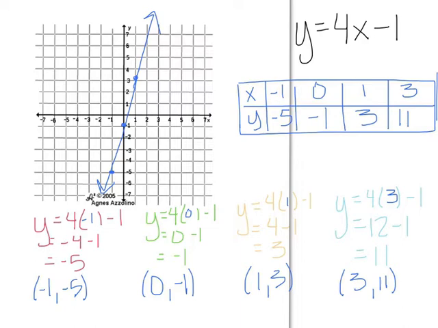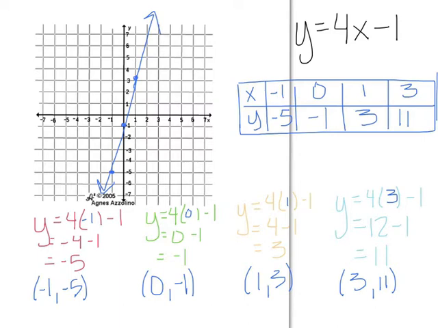Now, on your homework, it asks you specifically to identify 3 points on the graph, make a table, and record the coordinates of each point. We've done that, right? We've identified 3 points on the graph, we've made a table, and we've recorded the coordinates of each.